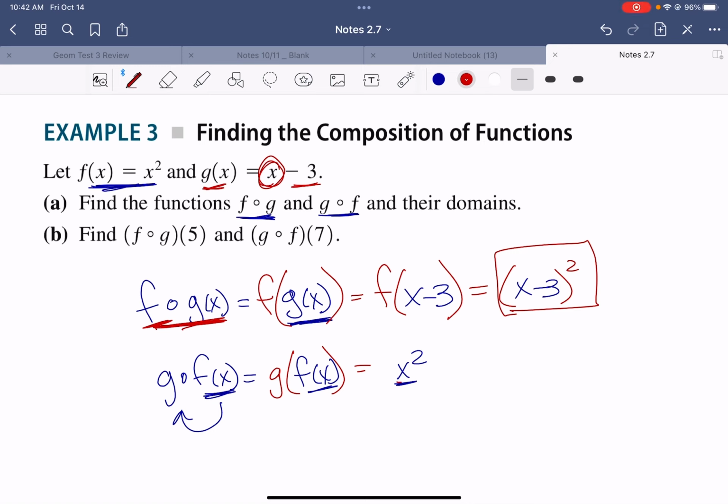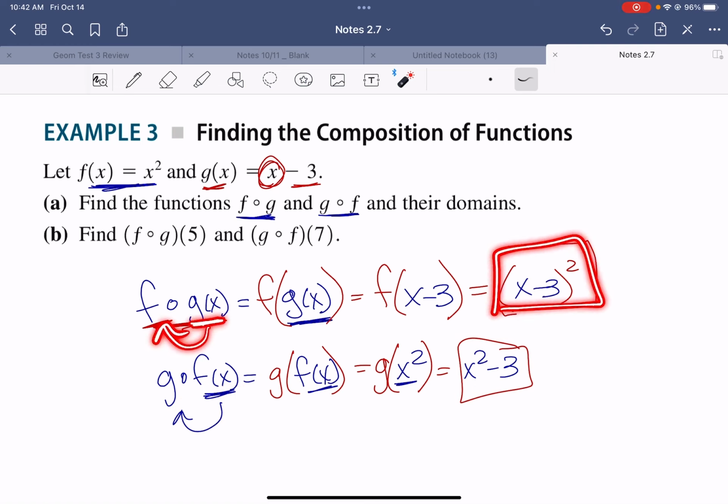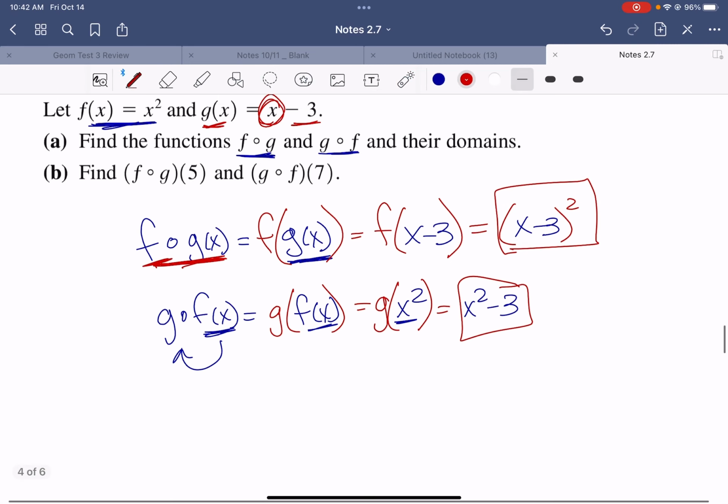So I'm going to do g of this input. It's going to take that input and subtract 3. So that's going to be your answer. So if you first do f and then apply g, you get this. If you first do g and then apply f, you get this. So it's going down the assembly line in two different directions.